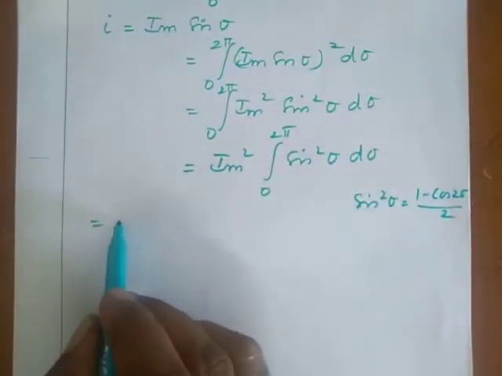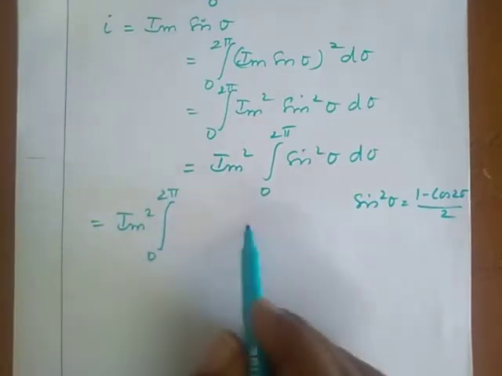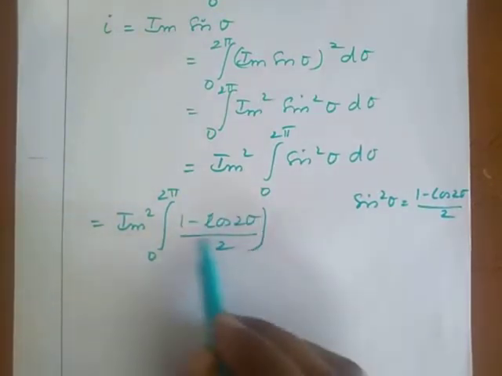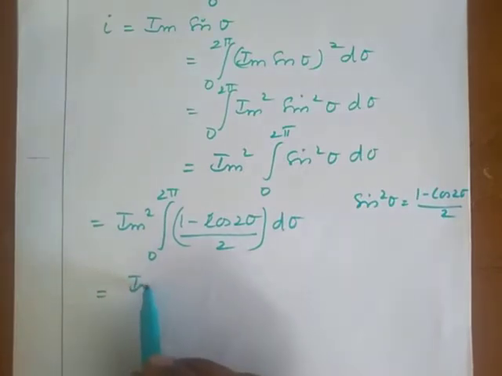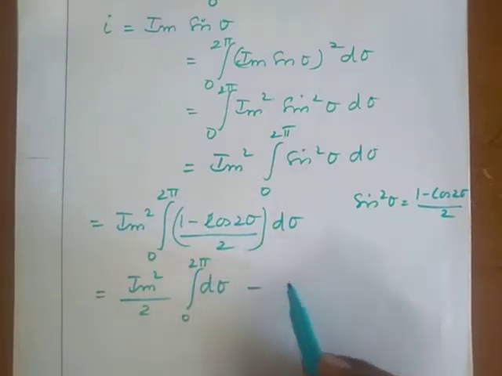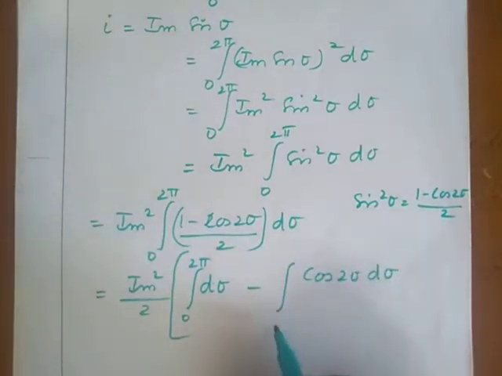Then this becomes Im square, integration over 0 to 2 pi of (1 minus cos 2 theta) by 2 d theta. Taking 2 out of the integral, it becomes Im square by 2, integrating 0 to 2 pi, this becomes d theta, then this one becomes minus the integration of cos 2 theta d theta from 0 to 2 pi.